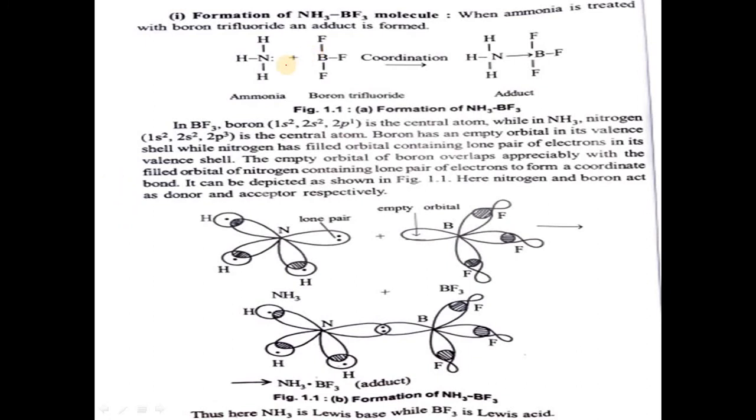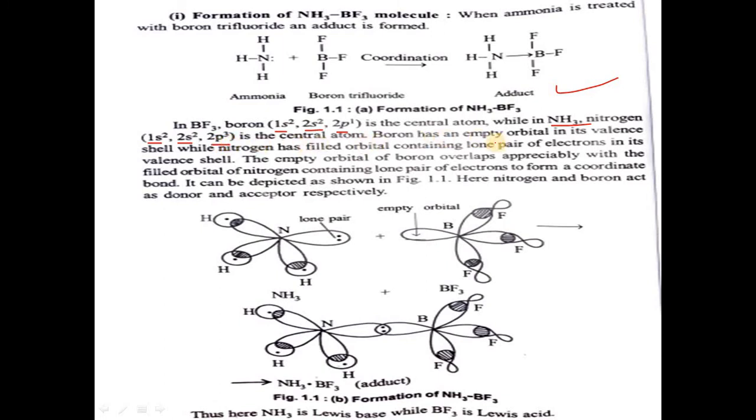In the case of ammonia and BF3, when ammonia is treated with boron trifluoride, an adduct is formed. In BF3, boron, atomic number 5, has electronic configuration 1s2, 2s2, 2p1, and is the central atom, while in ammonia nitrogen, atomic number 7, has electronic configuration 1s2, 2s2, 2p3.